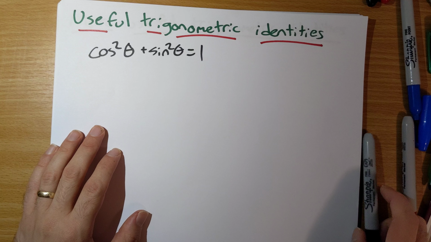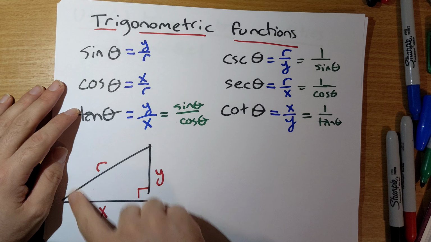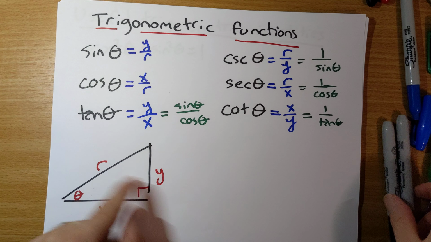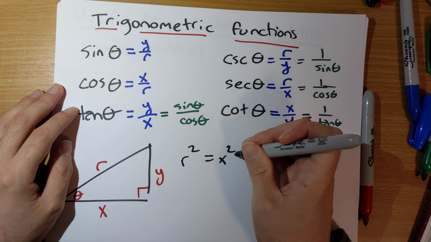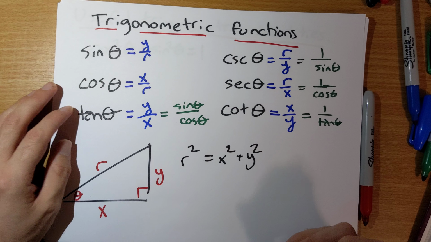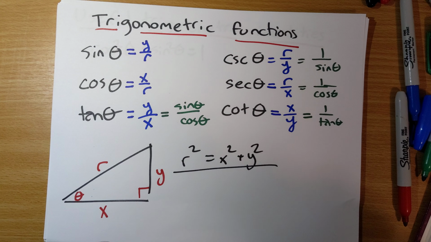So this is essentially the Pythagorean theorem. Going back here, to show where this comes from, the Pythagorean theorem says that r squared is equal to x squared plus y squared. We know that by the Pythagorean theorem.